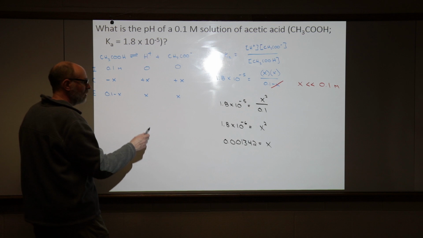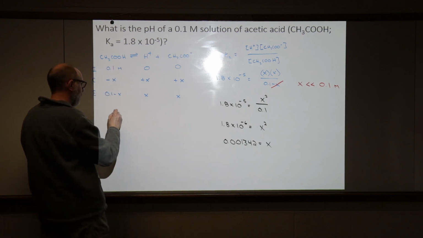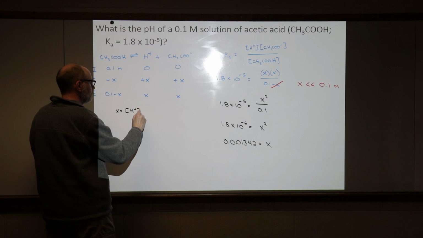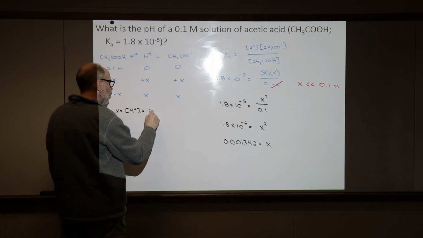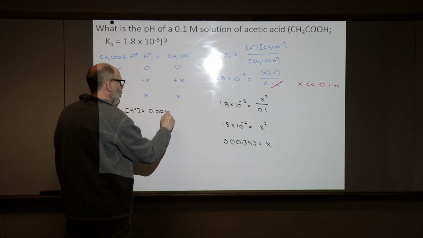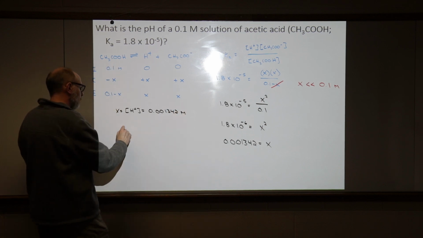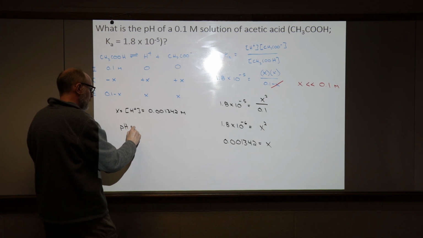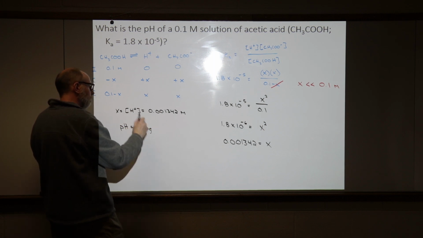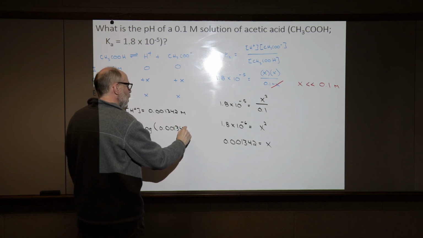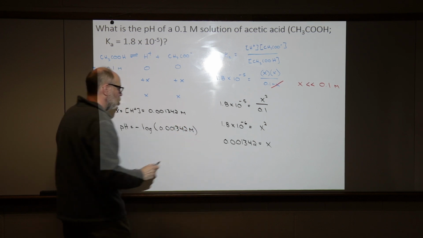Okay? Let's take this forward and say X is equal to the concentration of H plus at equilibrium, 0.001342 molar. And then the pH is the minus log of the concentration of H plus, minus log of 0.001342 molar.